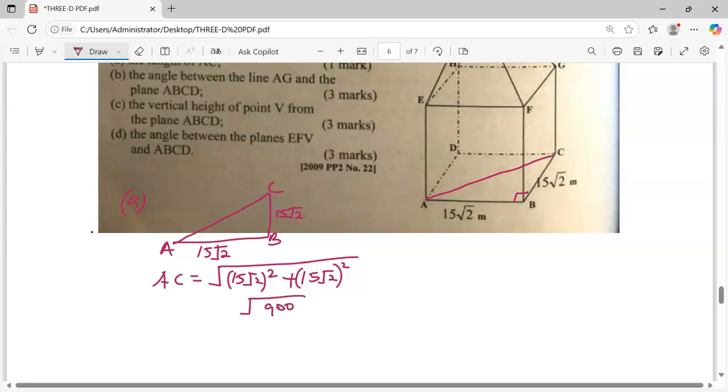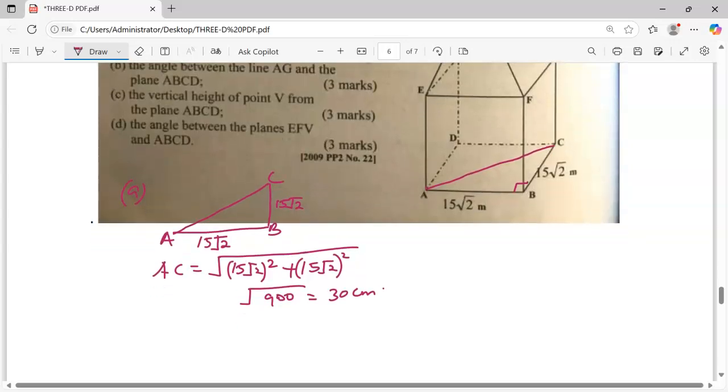And the square root of 900 will be equal to 30 centimeters as the length of AC.